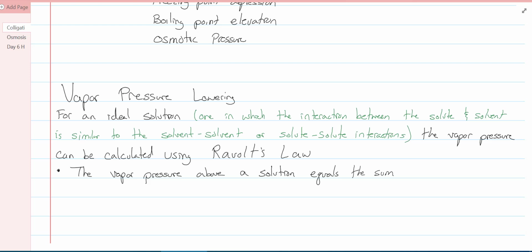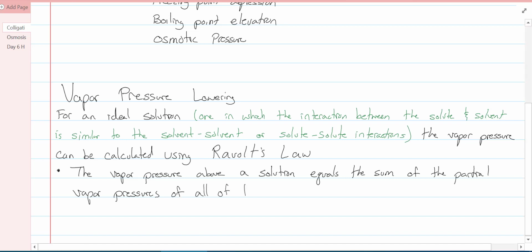So the vapor pressure above a solution equals the sum of the partial vapor pressures of all the components of the solution.